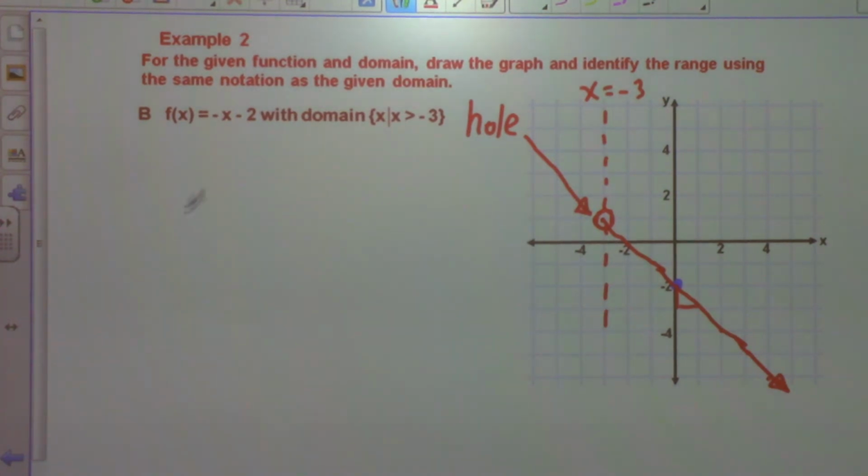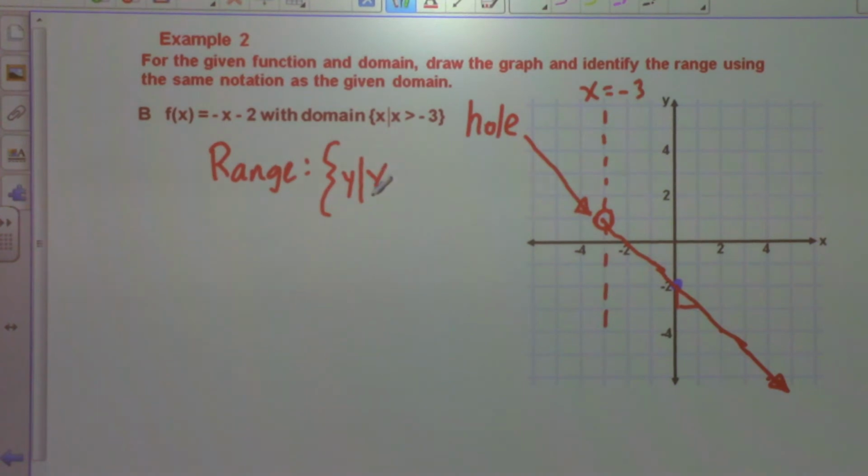Let's look at our range now for this. Or am I missing anything? What is our range for this? What kind of notation are we going to use? Same type of notation here, right? So how do we make that notation here? y such that y is what?